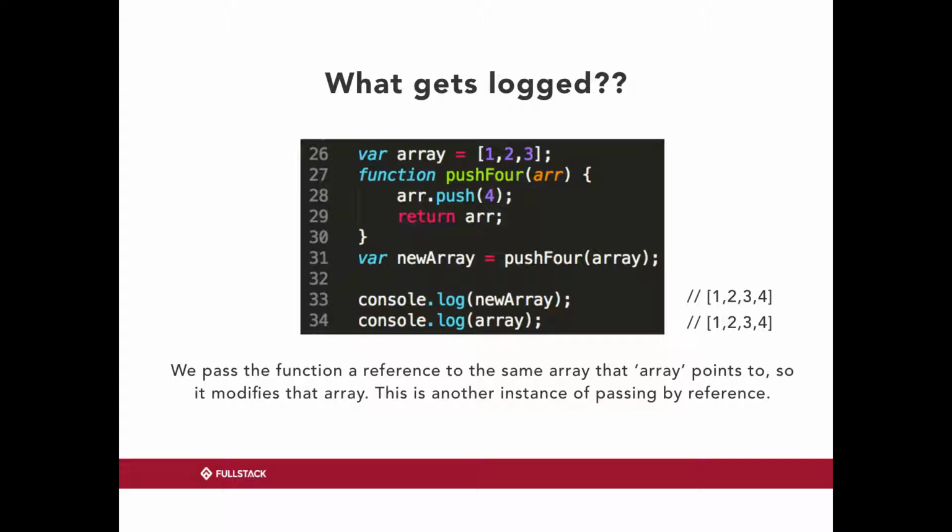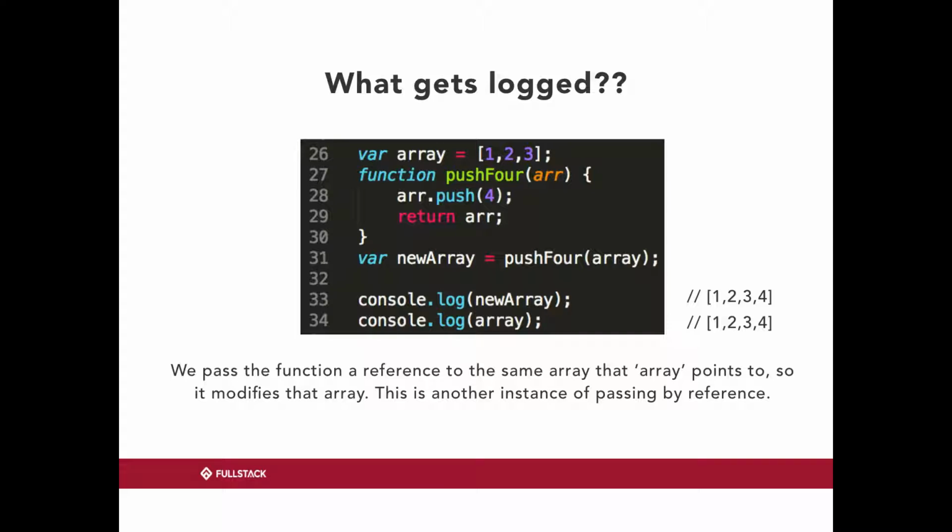We then move back up to line 28. We pass in this array, and we're saying array.push(4). You said it's passed by reference, so we know that whatever we do to this array, we're doing it to this array. We're not making another copy of it, doing stuff to it and giving it back to you. We're doing it to this array directly. What are we doing to it in line 28?